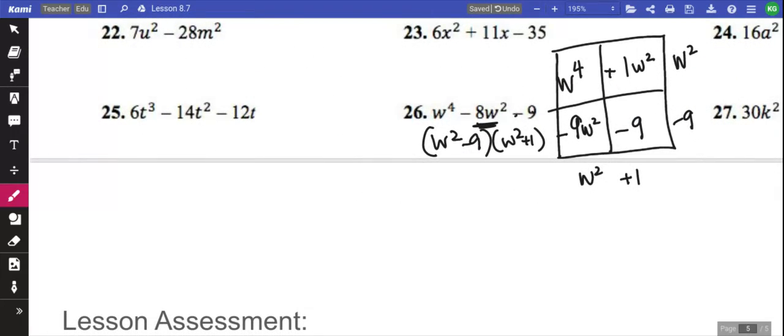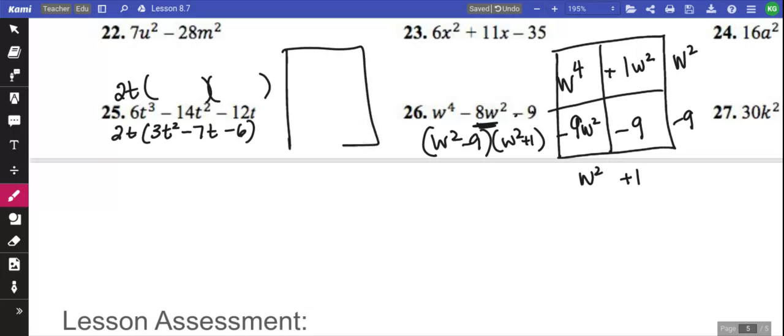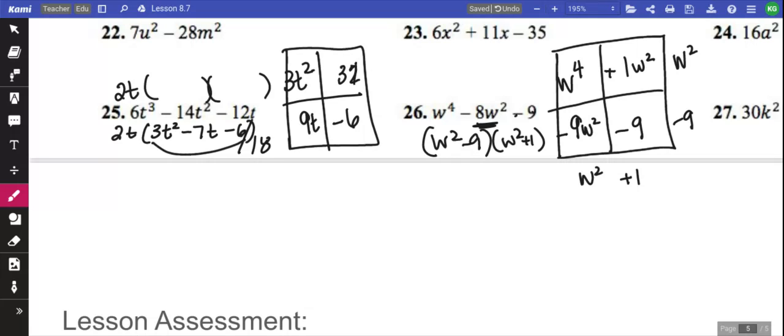On this one, their greatest common factor is 2t. So that would leave me with 3t squared minus 7t minus 6. So then I'm just going to put the 2t on my answer. 3t squared minus 6, and so I'm looking for factors of 18 that subtract to be 7, which are 9 and 2.